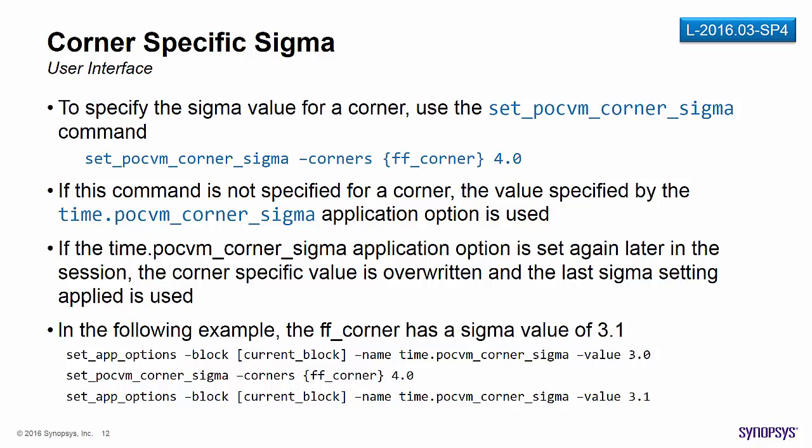In the following example, the FF corner has a sigma value of 3.1, because it applies the set time POCVM corner sigma dash value 3.1 at the last.